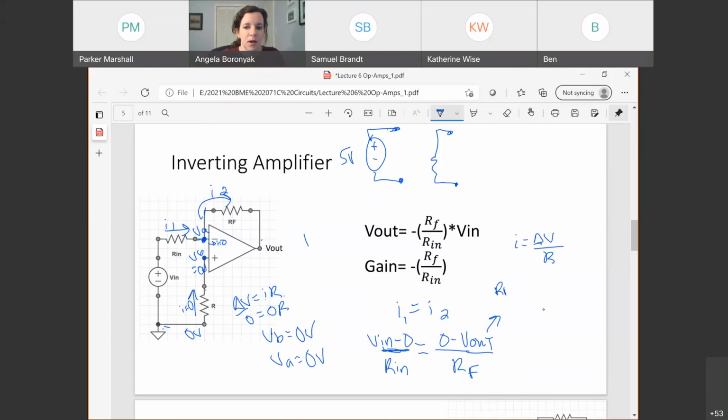I'm going to get RF now over Rn times Vn. Technically times Vn minus 0, but now I'm okay dropping the 0. Equals, what am I left with on this side? If all I did was multiply by RF, I'm left with negative V out. So do be careful. Again, that's why that sign mattered.